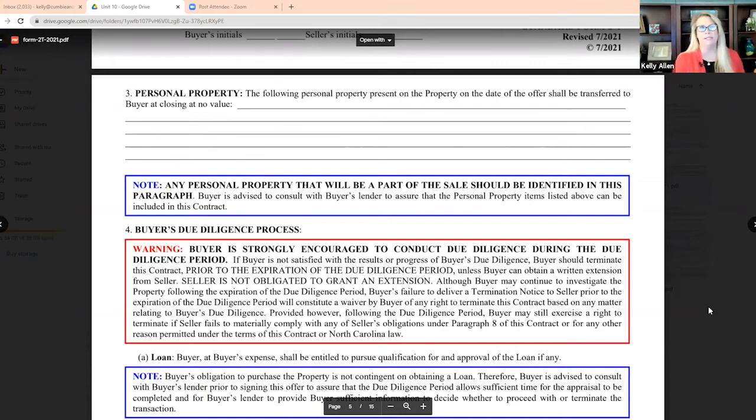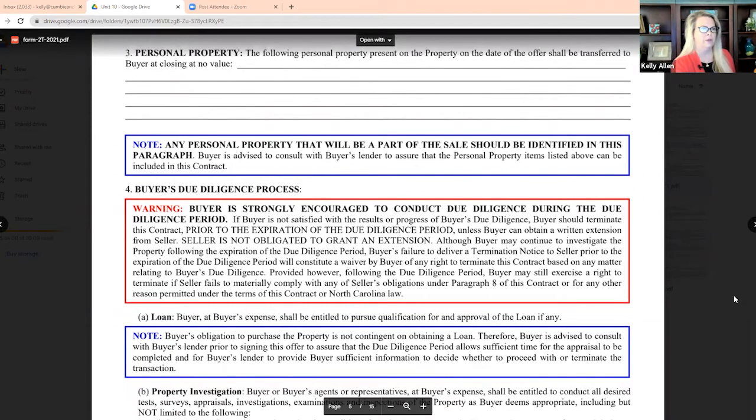But occasionally a buyer will want to purchase some personal property from the seller. And to accomplish that goal, again, you could use a bill of sale if the buyer is going to pay the seller for the personal items. Otherwise, if the personal items are going to transfer to the buyer at no cost, you could write them here in number 3, as long as the lender is okay with that. All right, let's keep going.